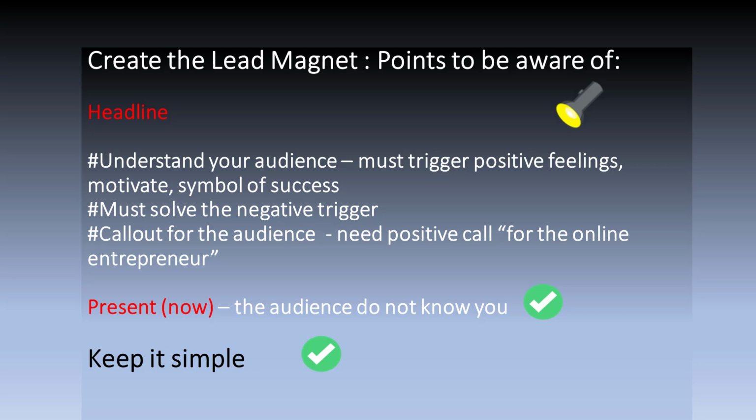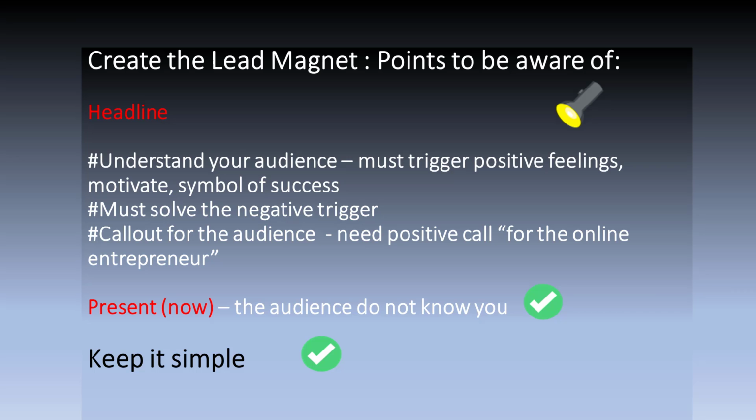Now, in this instance that I'm looking at today, let's suppose we're looking at online entrepreneurs, beginning online entrepreneurs, newbie online entrepreneurs. The last thing I would do is say, hey, failing entrepreneurs, that's negative, and people aren't going to respond to that very kindly. So you need to keep it upbeat, you need to keep it positive.